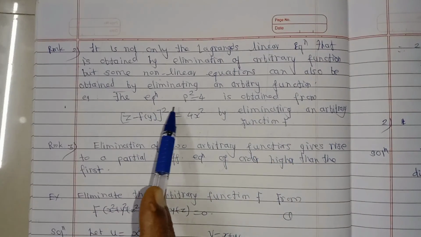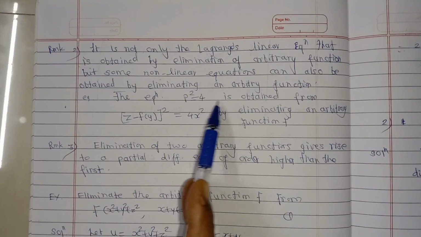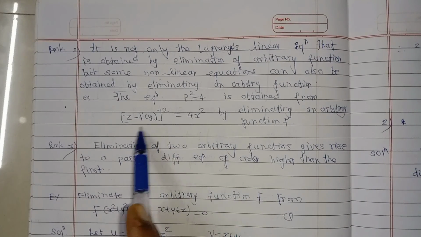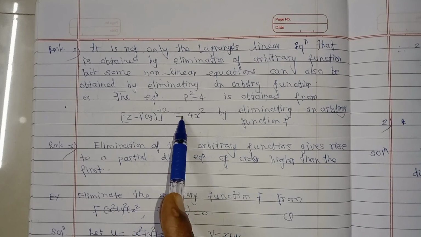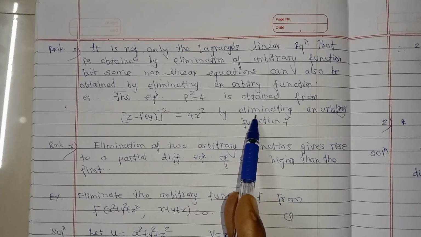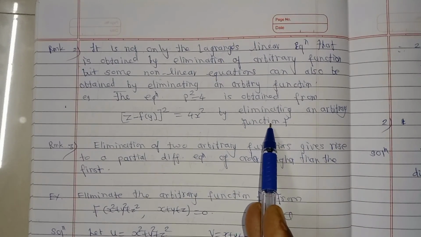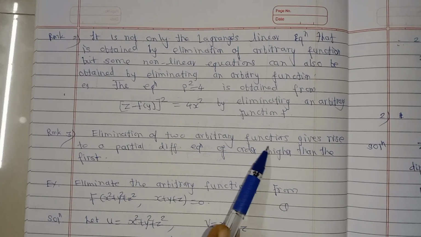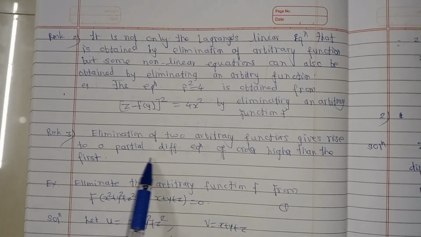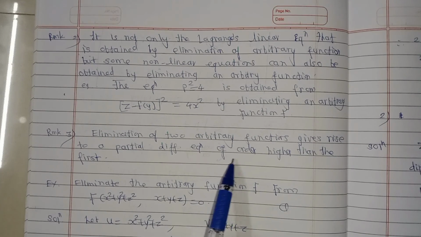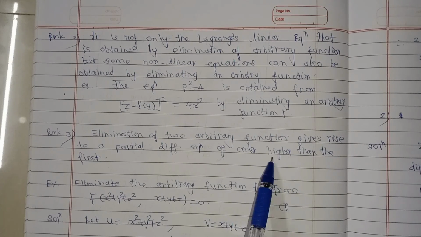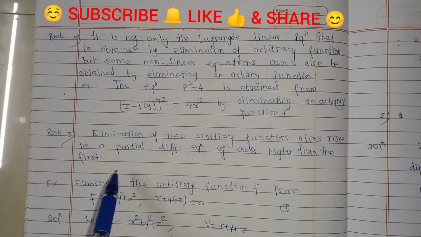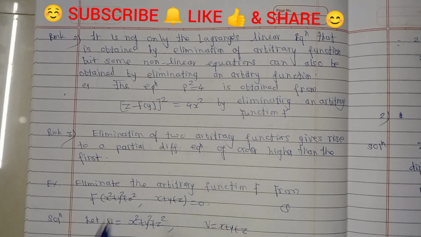For example, p² = 4 can be obtained from (z − f(y))² = 4x² by eliminating an arbitrary function. And last remark is, elimination of two arbitrary functions gives rise to a partial differential equation of order higher than first. These remarks can be asked for objective also. Thank you.